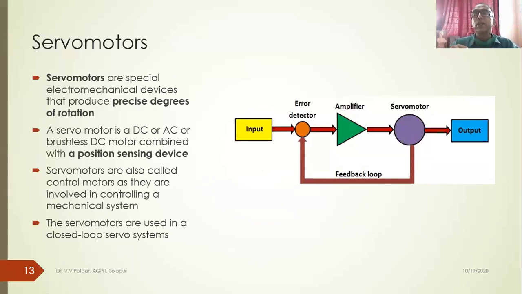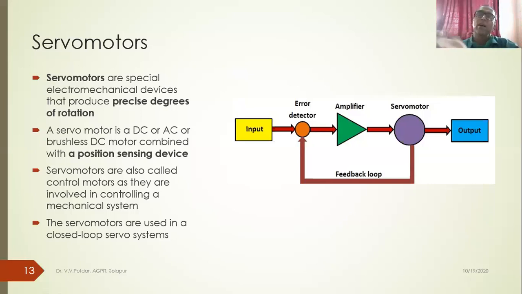So here I am not expected to have continuous rotation. What I want to have is angular positional changes. Maybe if we take the case of a radar in military applications, you have the radar that is scanning the sky all the time. When the enemy aircraft crosses your territory, this radar will sense those aircraft.